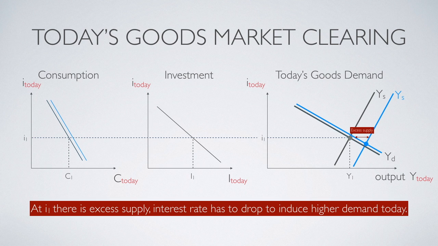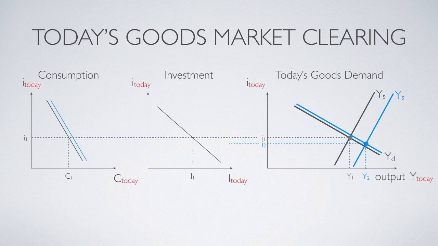So a new equilibrium would be the blue dot, which gives us an equilibrium interest rate of little i2 with a higher output level Y2. Under this new lower interest rate level, we can find that the new consumption level would be C2.